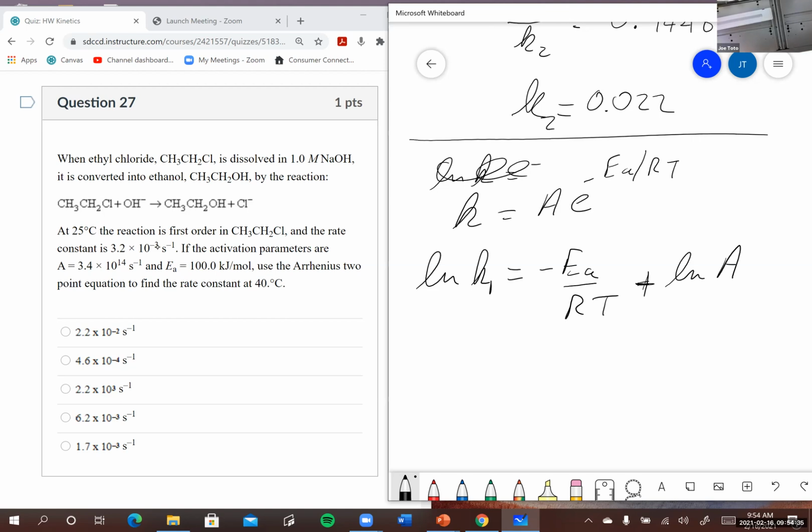I can do it for the first point, because it's an infinite point function. And then I could rewrite the whole equation and I can put a 2 here, right? Then when I subtract the first equation from the second, I assume this is constant and it drops out. So even though they give you A, that pre-exponential factor, 3.4 times 10 to the 14th reciprocal seconds, you don't need it to solve this with the Arrhenius 2-point equation.